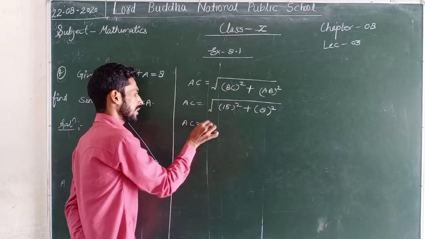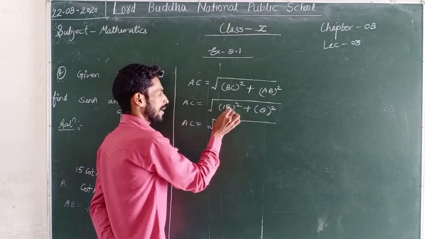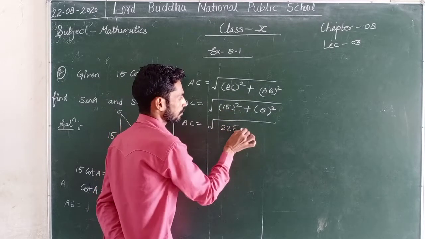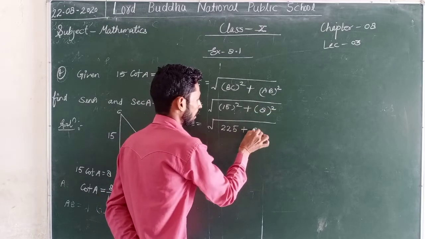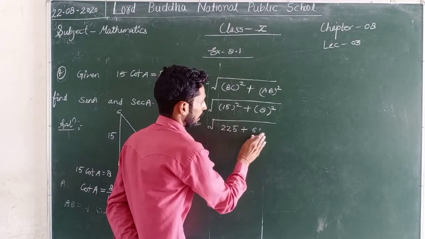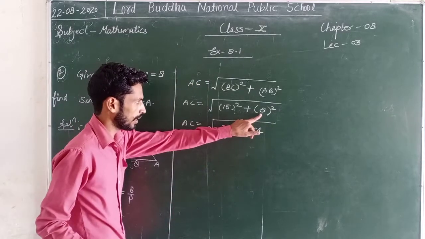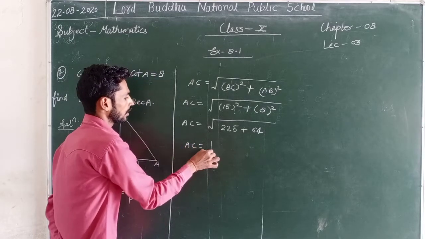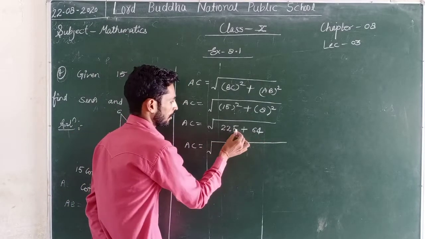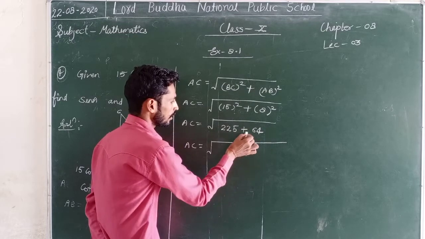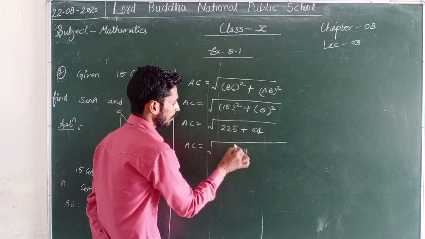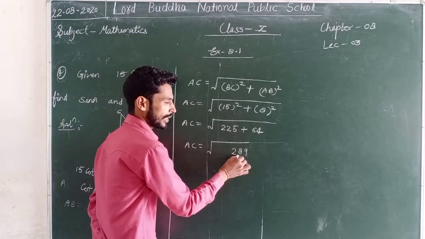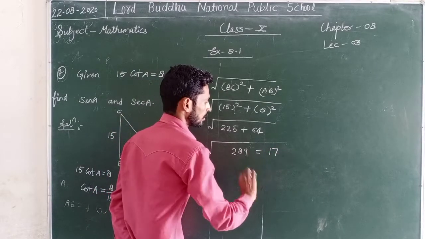So AC equals square root of 15 squared, that is 225, plus 8 squared, that is 64. Adding this, we get square root of 289, that is equal to 17.